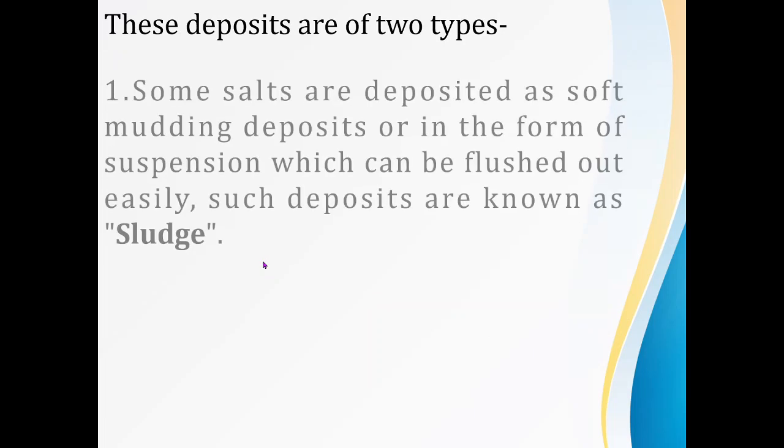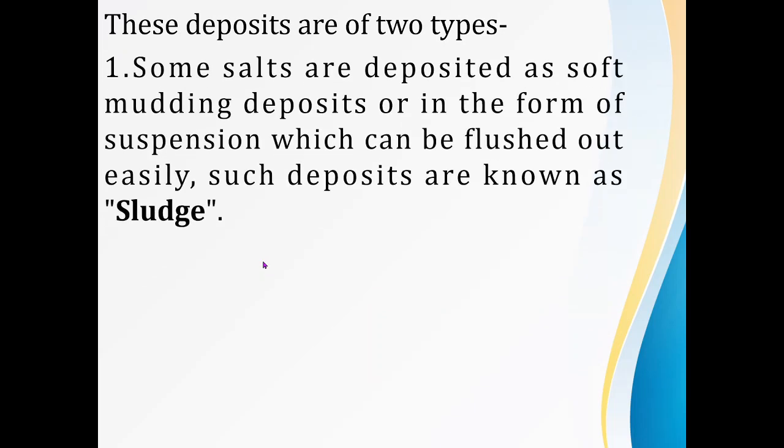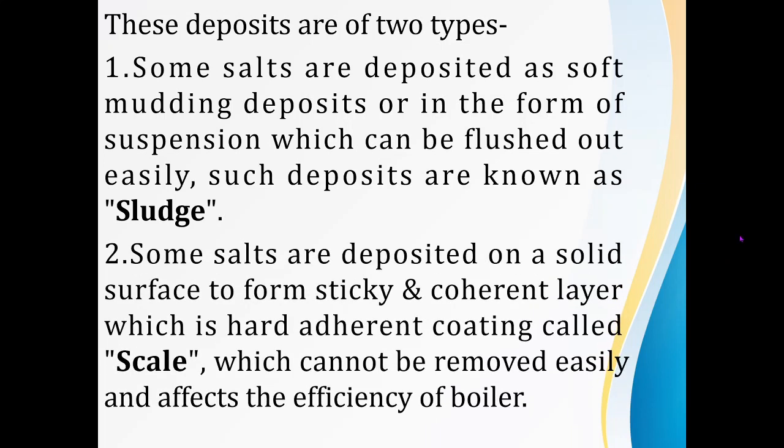Now these deposits are of two different types. Some deposits are in the form of soft muddy precipitate which can be easily removed, which can be easily flushed out. Such deposits are called sludge, whereas some salts are deposited on the solid surface to form a sticky or coherent layer, which is a hard adherent coating, and that is called scale.